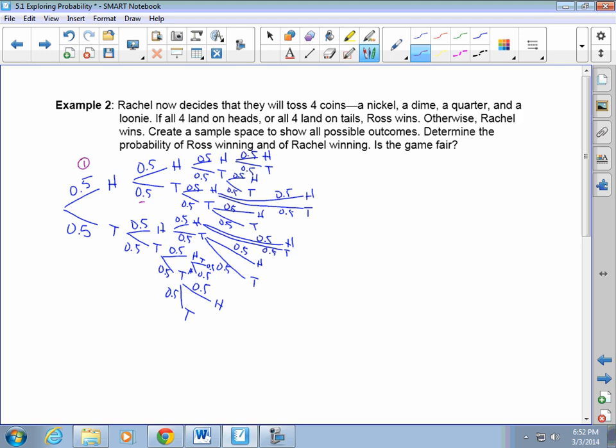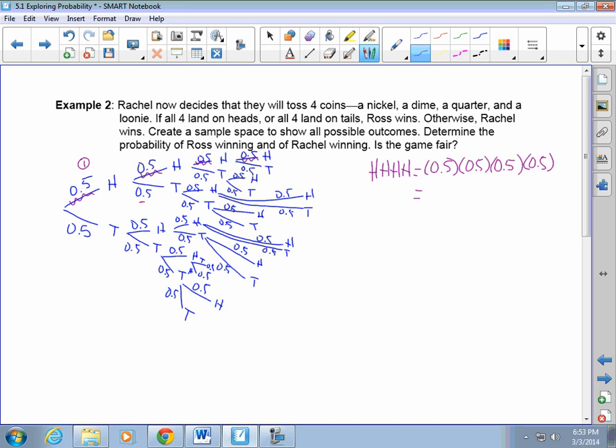So if we take a look at this, the possibility of getting all heads, we went head, head, head, and head. So getting 4 heads, there was 0.5 times 0.5 times 0.5 times 0.5. That was the probability for each one of those.